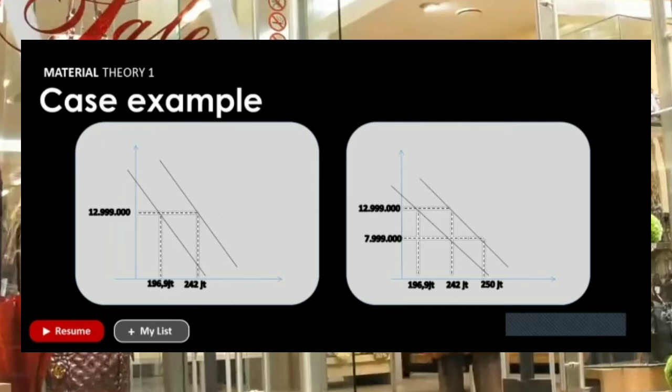In the second curve, we put the lowest price from 12,999 Indonesian rupiah. The price was decreased to 7,999 Indonesian rupiah, and the consumption was increased from 240 people to 215 people.